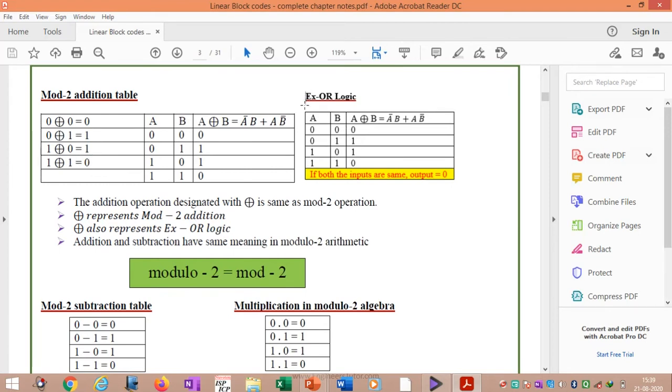In XOR, for an odd number of 1 inputs the output will be 1, and for an even number of 1 inputs the output will be 0. That is why the XOR function is also known as the odd function. You can also calculate it as A exclusive-OR B equals A bar B plus A B bar. So in modulo 2 addition, 1 plus 1 becomes 0.